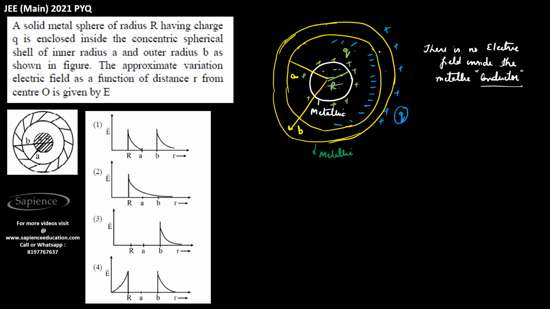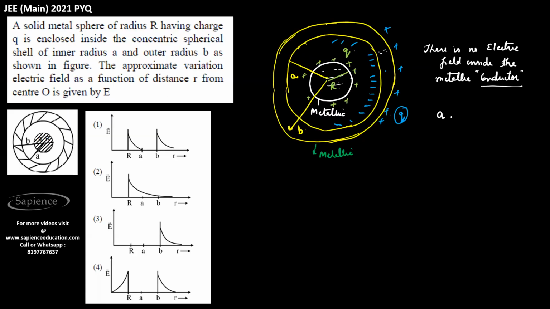That means from a distance of A to B, the electric field will be equal to 0, and from 0 to R, the electric field is also 0 because we are inside the spherical conductor. So the electric field will be 0 in both cases, from 0 to R, as well as from A to B.